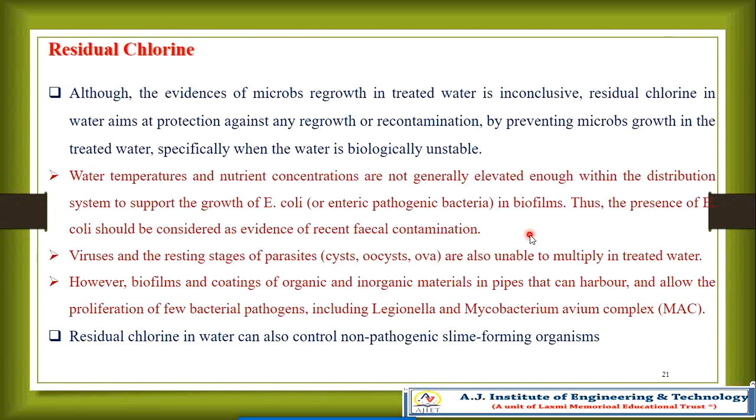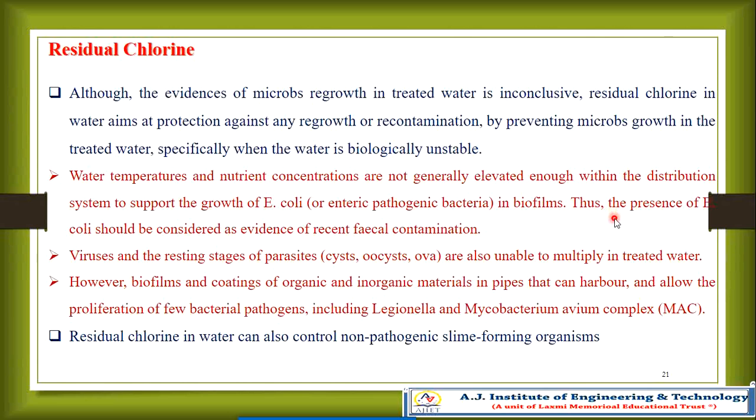It is an enteric pathogenic bacteria found in biofilms.